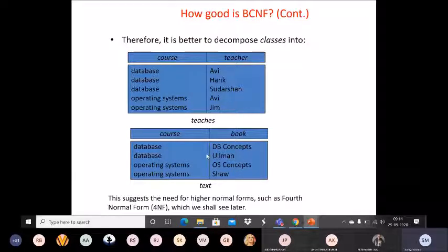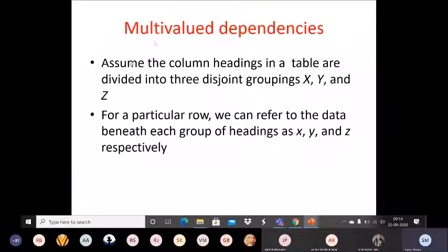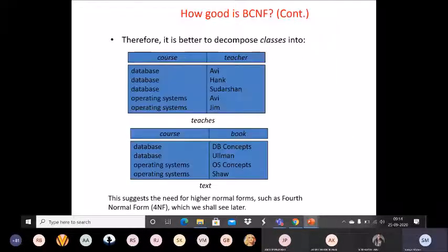But here another dependency will come, and this dependency is known as multi-valued dependency. So we will go back to the previous slide. What is multi-valued dependency?